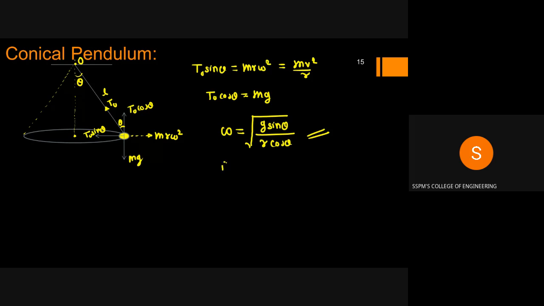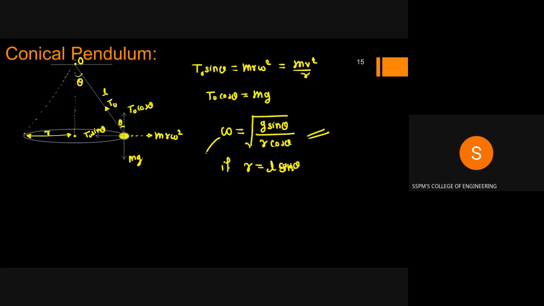And r means the radius of this circle. So this is the r and this is the L. So r is equal to L sin theta.